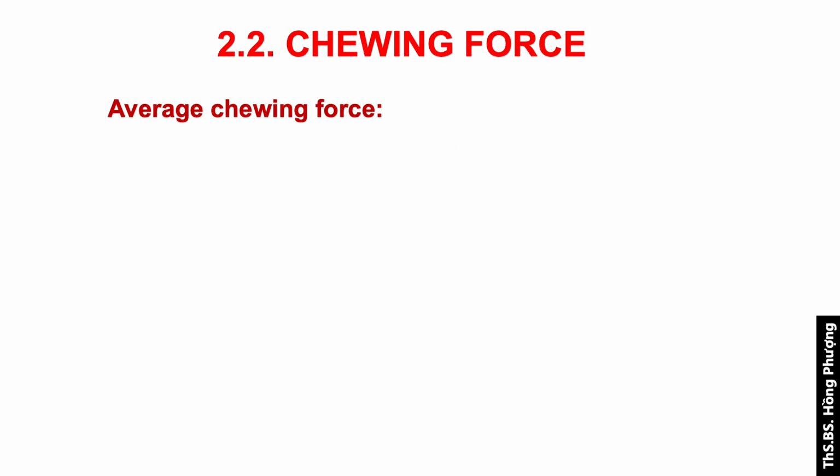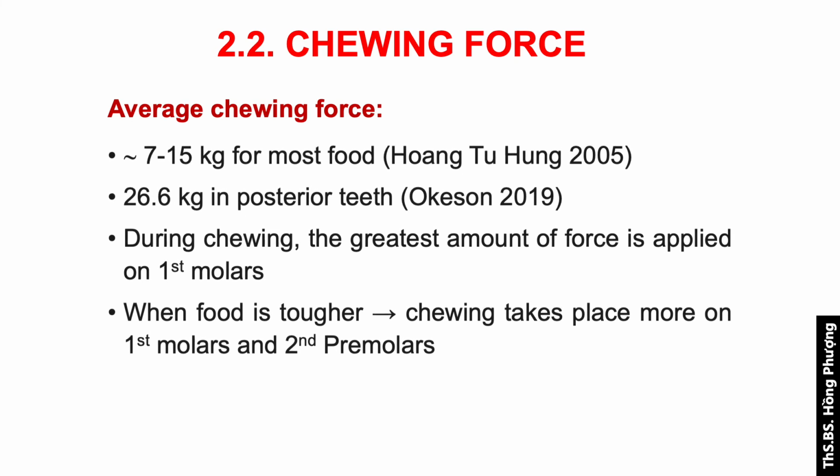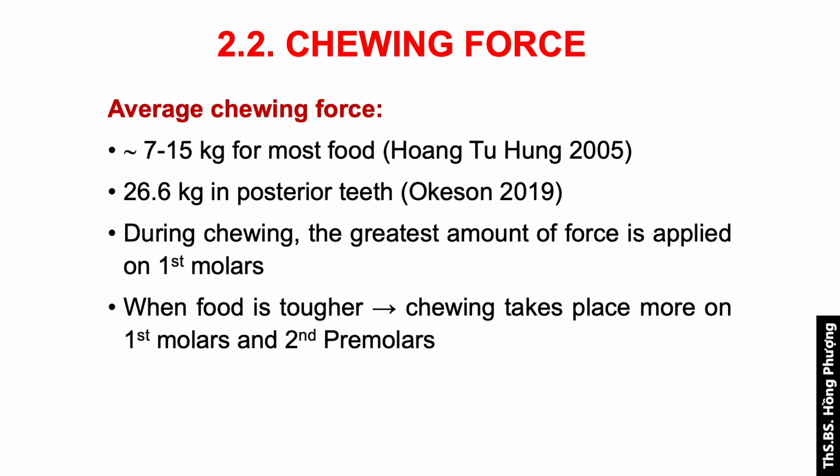About chewing force. The chewing force varies depending on many factors, but the average chewing force is about 7 to 15 kg for most food. It takes about 26.6 kg in the posterior teeth, and during chewing, the greatest amount of force is applied on the first molars.